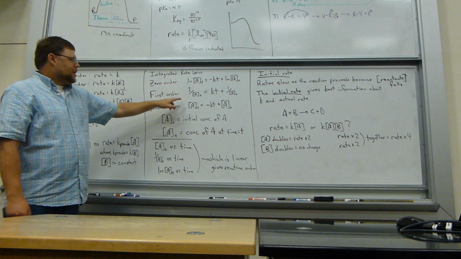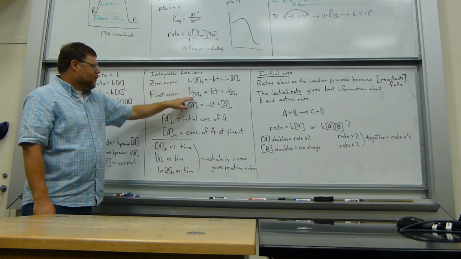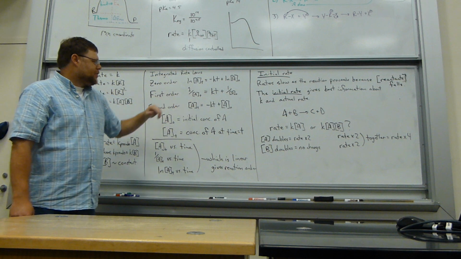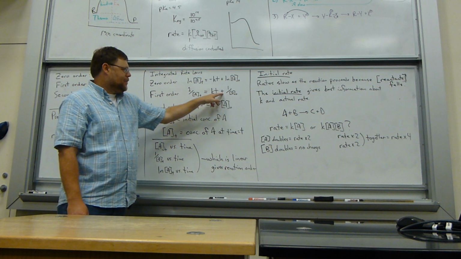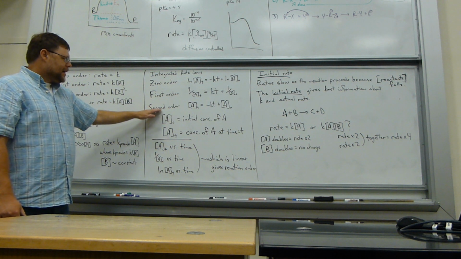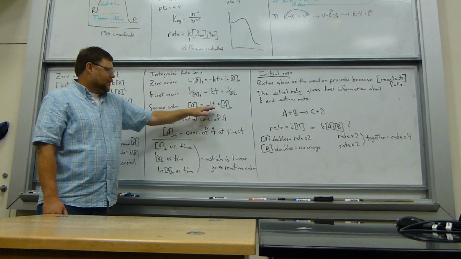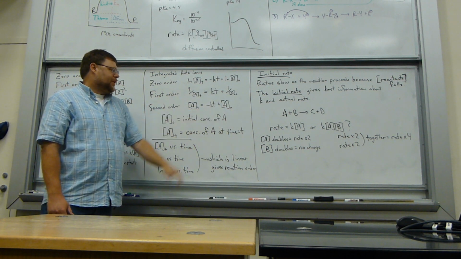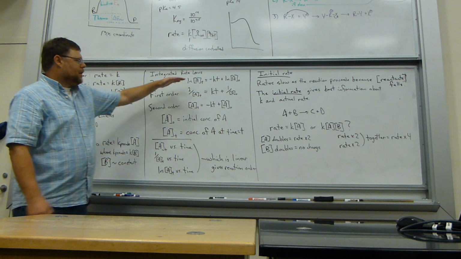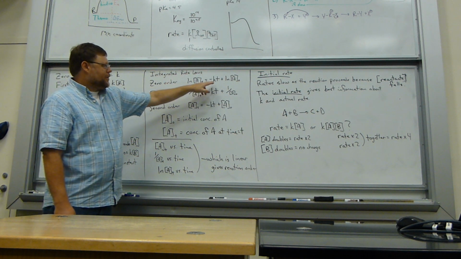In a first order reaction, again, forget the plots, the reciprocal of the concentration of A at time t is equal to kt plus the reciprocal of the initial concentration of A. In a second order reaction, the concentration of A at time t is equal to minus kt plus the initial concentration of A. So these all, I keep saying this, are linear expressions, right, where the slope is k.